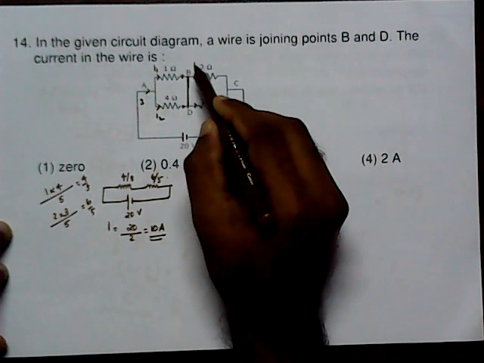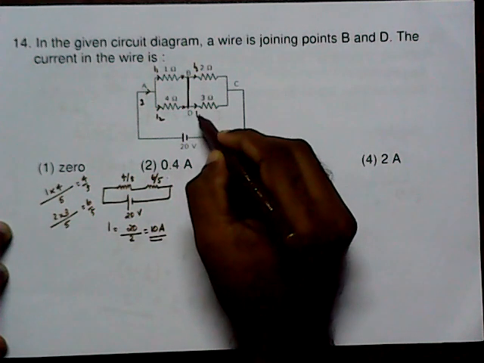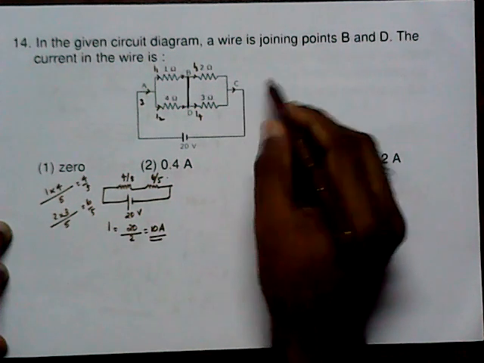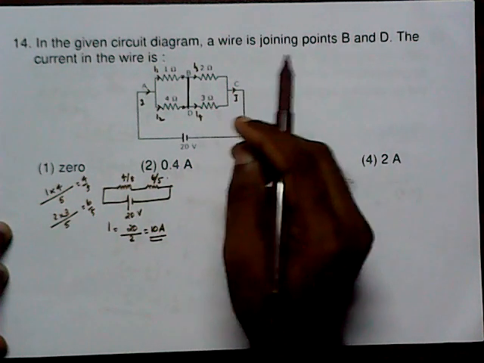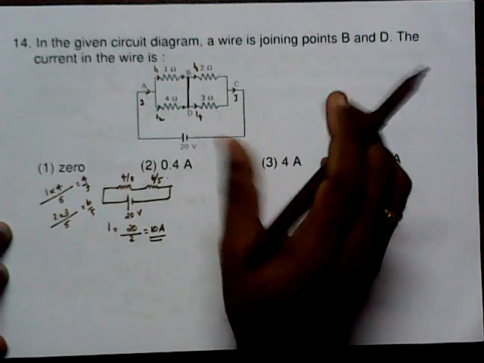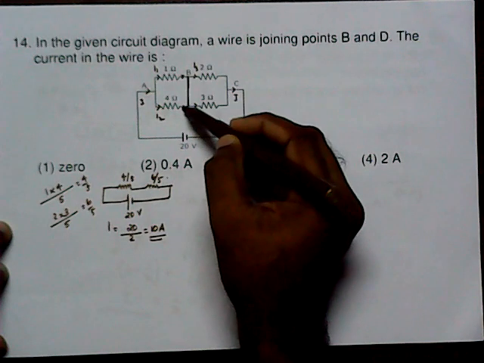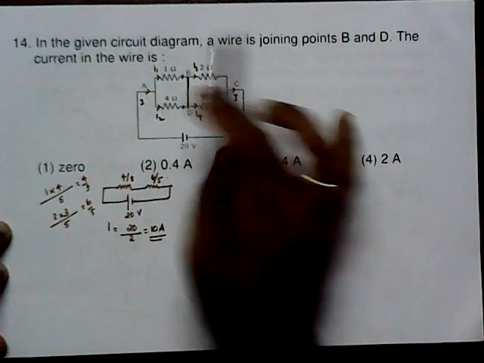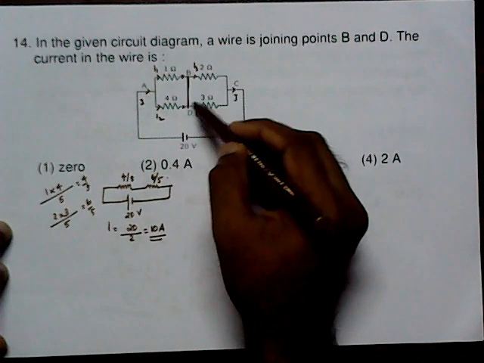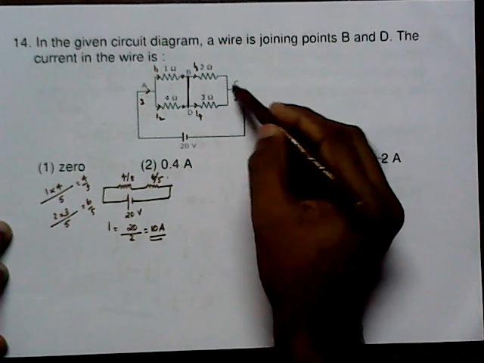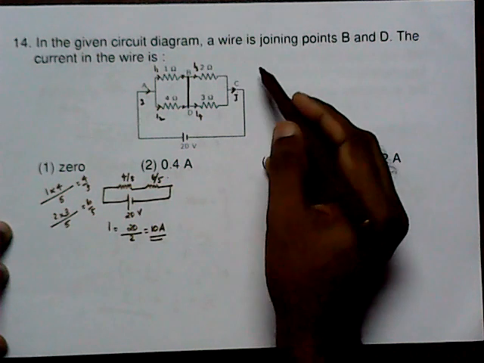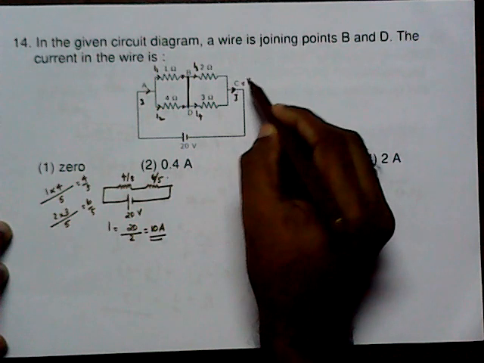Suppose it is I3 and I4, then together you get the value I. That is a very important concept. Up to this point we have I1 and I2, but after BD we have I3 and I4, and I3 plus I4 should give I, which is 10 ampere.